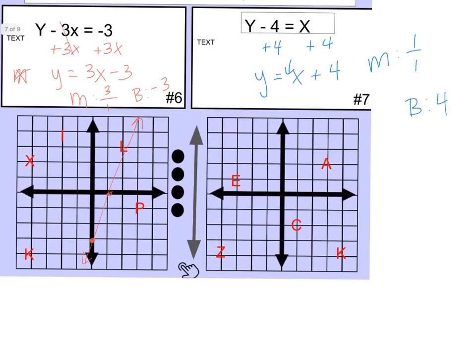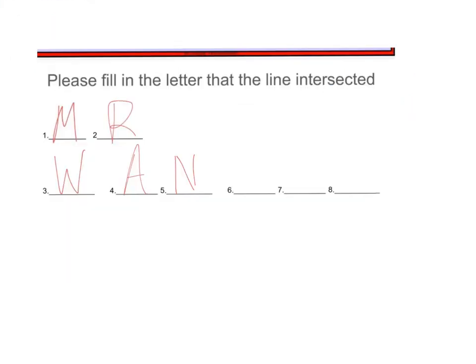Now, if I go up 4 and put a dot, now I'm going to apply that slope of up 1, right 1. But I run out of room. So I'm going to do the inverse. The inverse of up 1, right 1 is down 1, left 1. Down 1, left 1, down 1, left 1. I get an E. Now let's update the last slide. So we should have L and E.